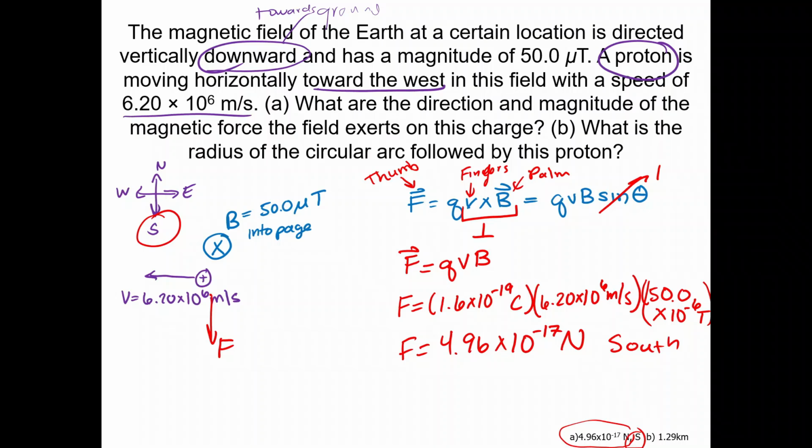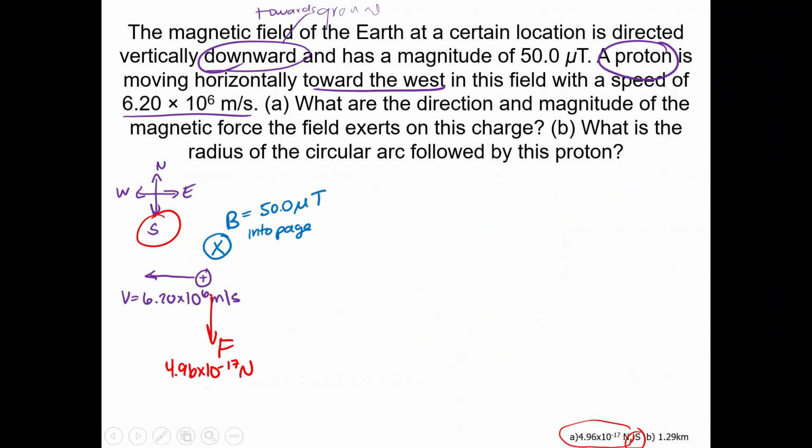Then we want to know what radius of the circular arc is followed by this proton. I'm going to add that 4.96 times 10 to the negative 17 newtons. I'm going to pause this for a sec and assume that I've not memorized any formulas. If I look on my formula sheet, I know that I have my centripetal force equation on there, in mechanics.